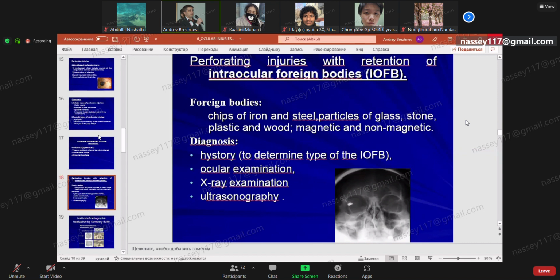X-ray examination is the most effective method of examination of intraocular foreign bodies, with the help of the special Comberg-Baltin indicator, which I'll show you on the next slide. We can determine the position of the foreign body and find the best area for the cut during surgery for removing it.